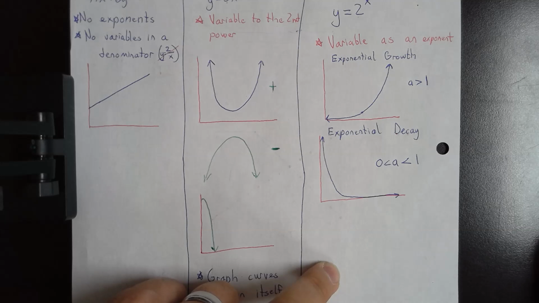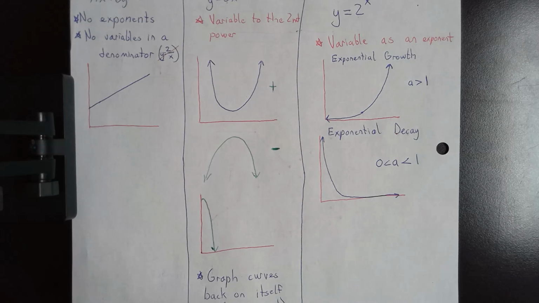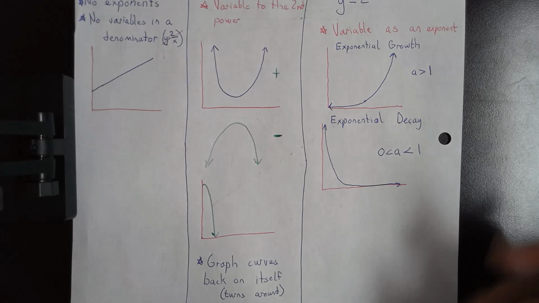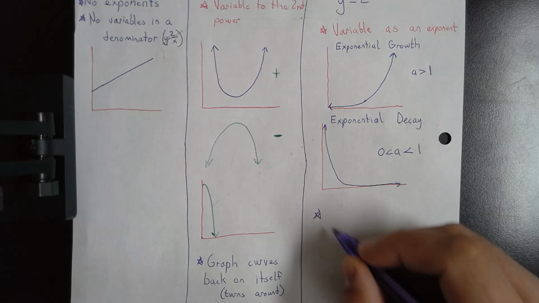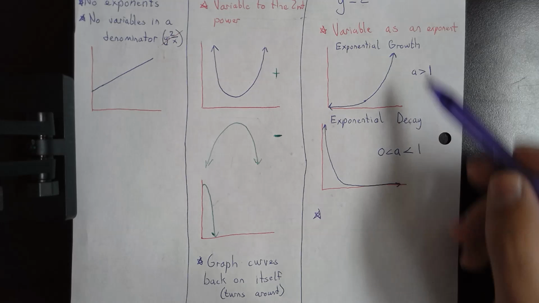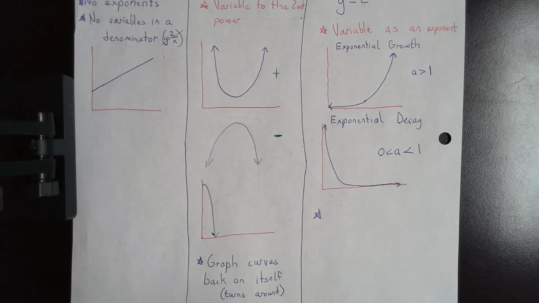So the big thing that we can look at graph-wise, our key things that we're looking for in the graph, are what? What do you notice about these graphs? First off, they do what? What's the easiest thing to see? Are they straight? No, what do they do? Okay, so the graph is going to curve.